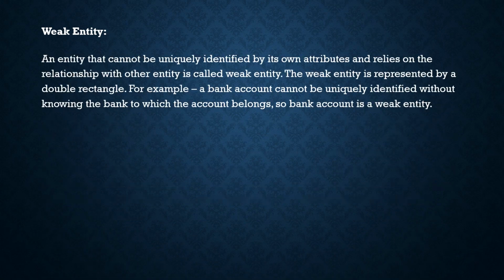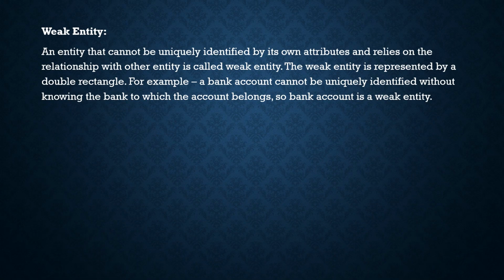So weak entity. What do you mean by weak entity? An entity that cannot be uniquely identified by its own attributes. If an entity cannot be uniquely identified by its own attributes, that means it is dependent on another entity, and it is called a weak entity.